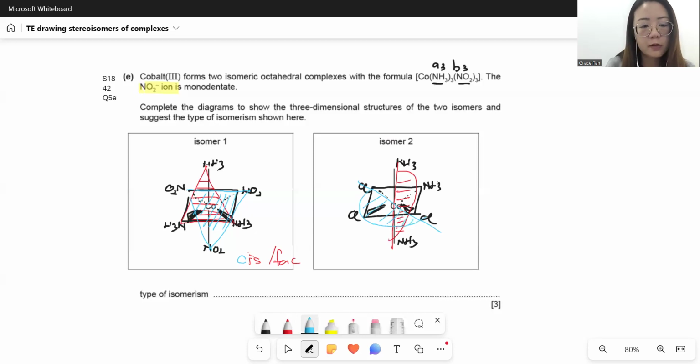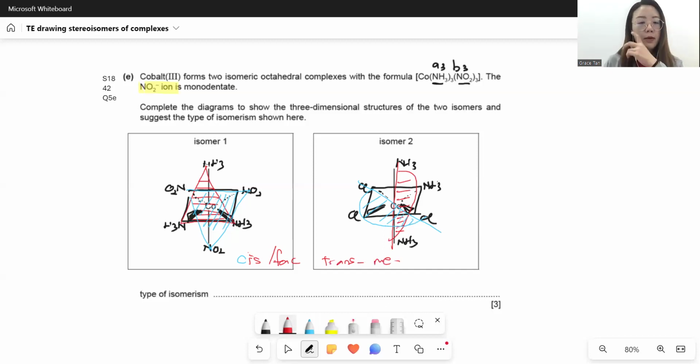So for the type of isomerism, you can answer cis-trans, or you can answer mer-fac isomer. So this is the trans according to your A-level version, they tone it down for you, but the actual one in chemistry is called the mer, from the word meridian line.